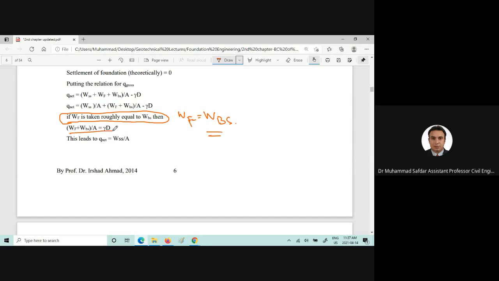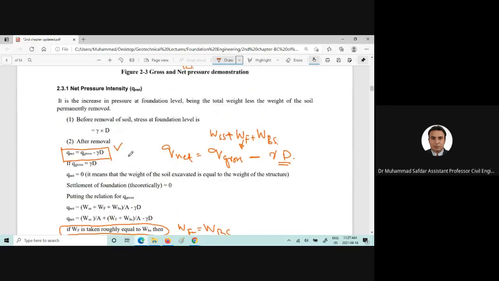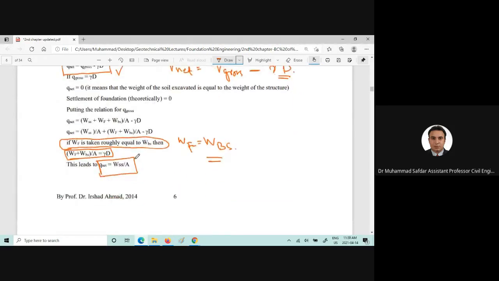Then this will be equal to gamma into D, and we can say that the Q net, or the net bearing capacity, will be equal to the weight of the superstructure divided by the area of the footing. But we will use this equation in examples and problems.